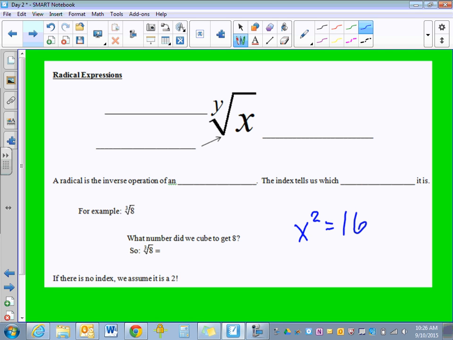And so what we have is called a radical expression here. What we have is called a radical, and that's this sign right here. That square root sign. You probably hear it more often as square root, but we can also do cube root, 4th root, 5th root, whatever root we want.